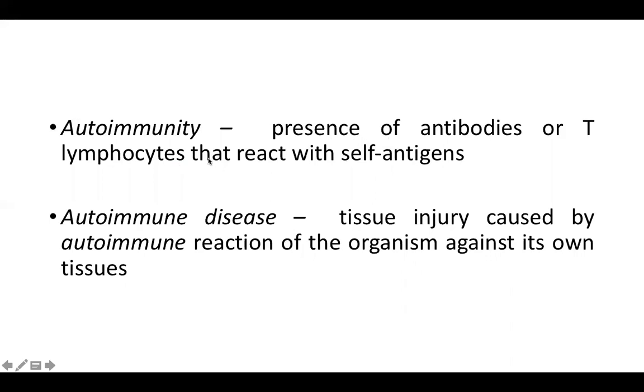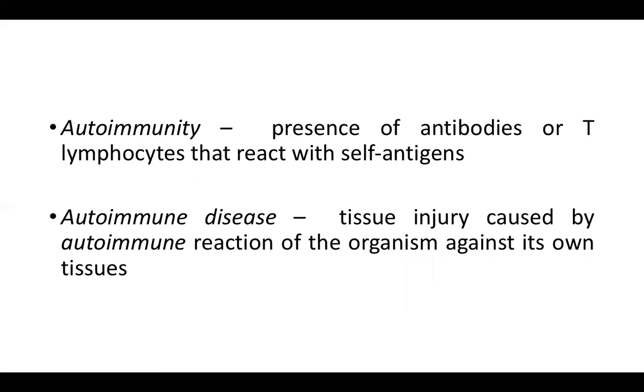But the definition does not indicate that it is actually causing an injury. It is merely stating that these antibodies are present. Whereas autoimmune disease is that which results from tissue injury caused by such an autoimmune reaction against its own tissue. Autoimmunity is merely the presence of autoreactive lymphocytes, and we'll learn in the next class that even normal people may exhibit some antibodies against themselves.